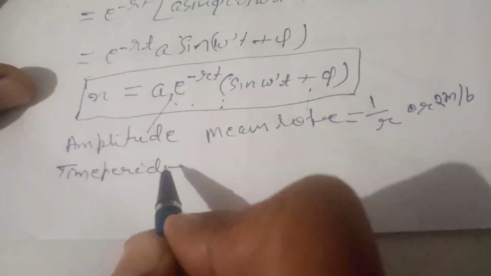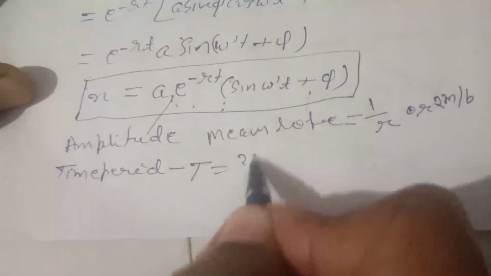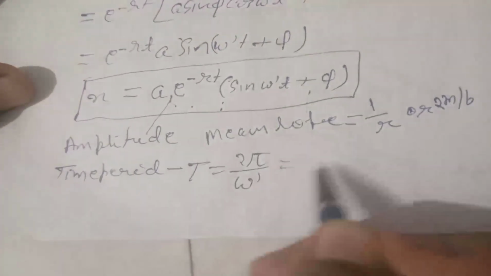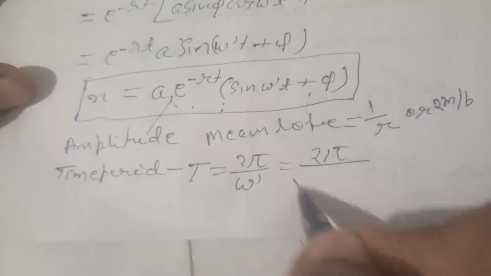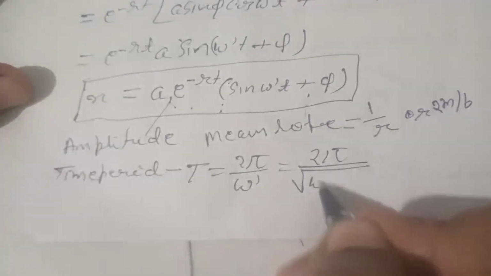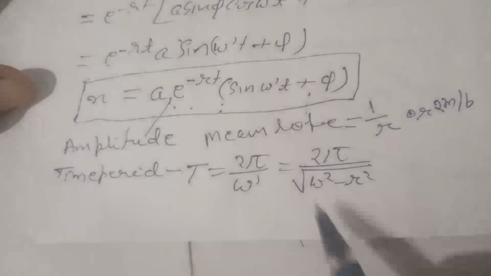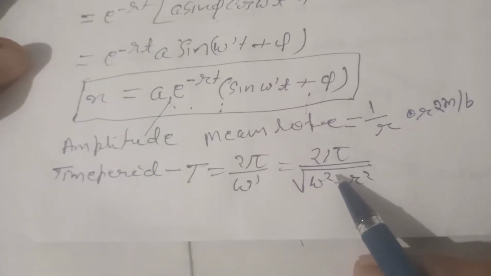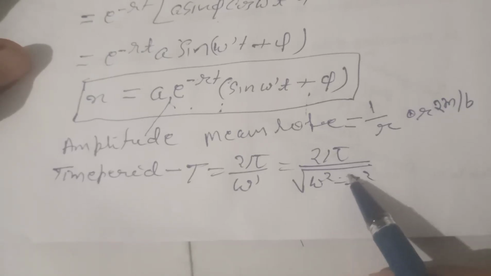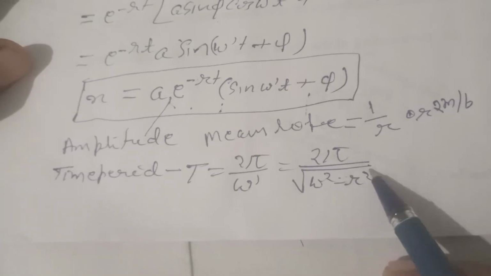The time period is given as T equals 2 pi by omega dash, where omega dash is under root omega square minus r square, which is slightly greater than 2 pi by omega, that is the period in the absence of damping. So due to damping, the period is slightly increased or the frequency is slightly decreased.